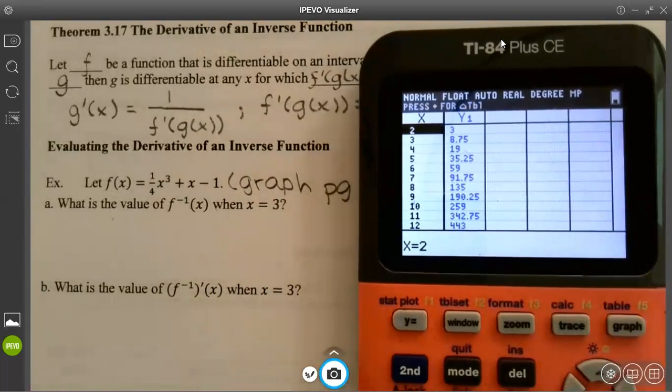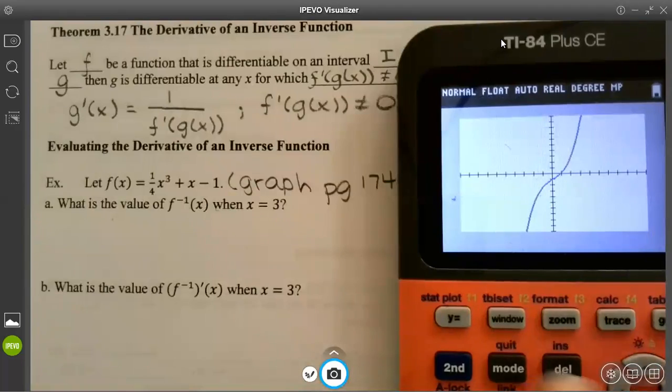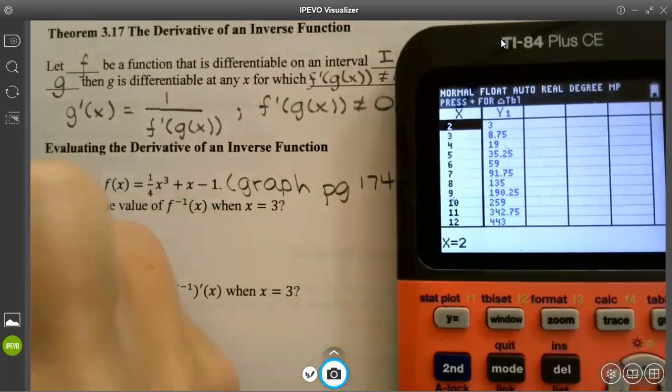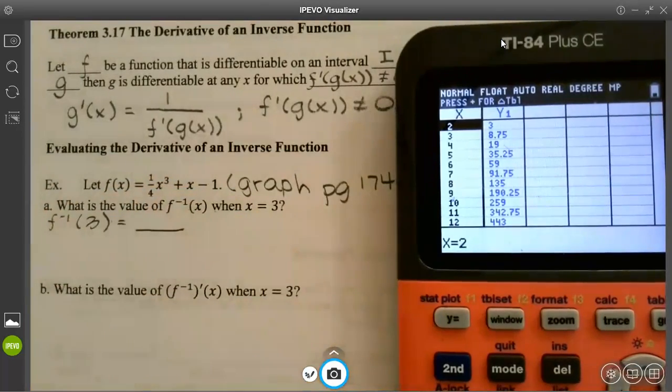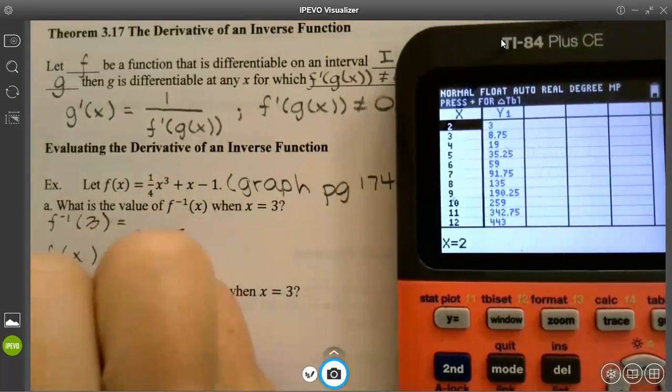All right, so what is the value of f inverse of x when x equals 3? So if we look at the graph, here's our graph. It looks like this. If we're looking for the inverse, what we're looking for in our f of x is where y is 3.